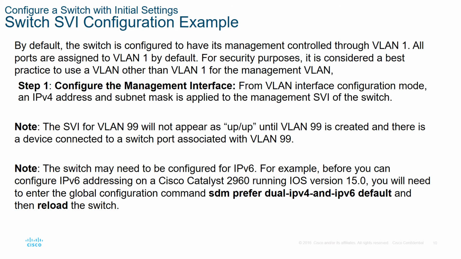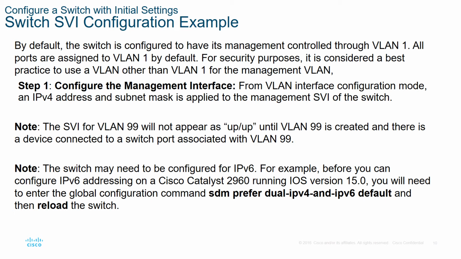Switch SVI configuration example. We know SVI, switch virtual interface, is a virtual interface which is used to manage the switch remotely. So to manage the switch remotely, we have to assign the IP address and subnet mask to the switch virtual interface. In a switch, by default, VLAN 1 acts as the management VLAN. All the ports in the switch are assigned to VLAN 1 by default.